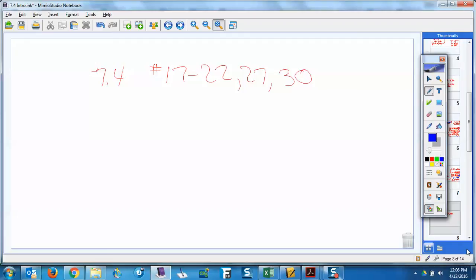It says find the solution of the IVP. That's what we were doing; an initial value problem has an initial condition, so for those you had to do that. On 27 and 30, they do not have an initial condition, so you'll have a plus C in your answer.